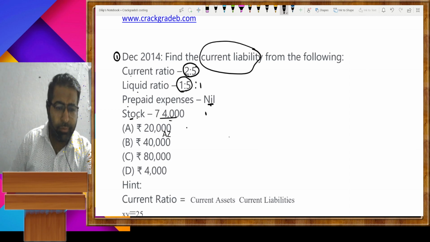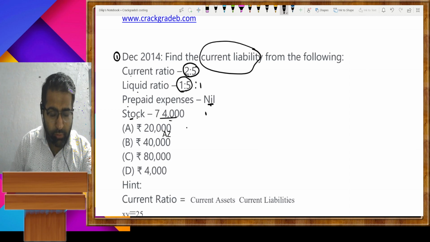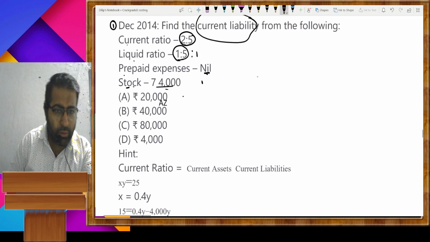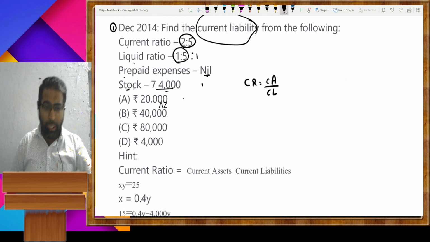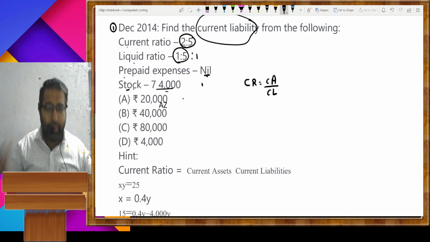Very easily. We know that current ratio equals current assets divided by current liabilities.